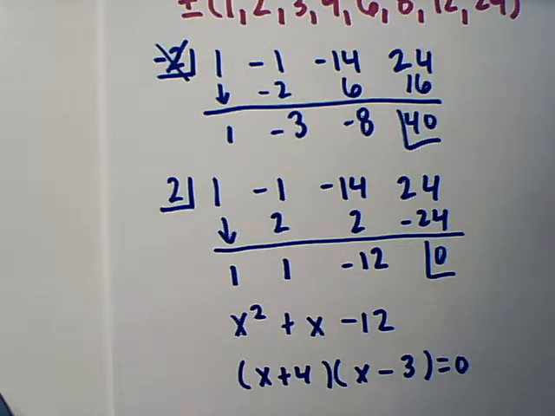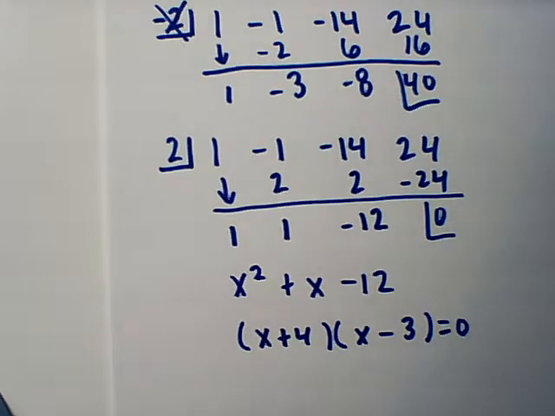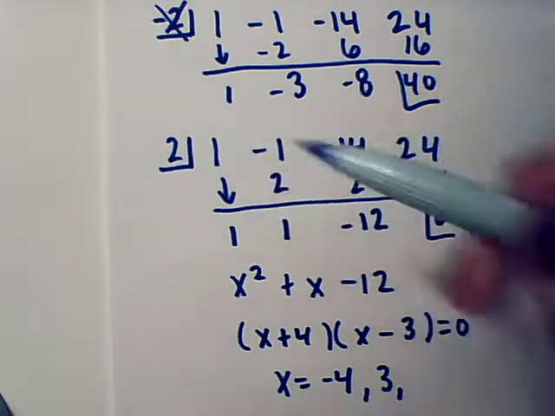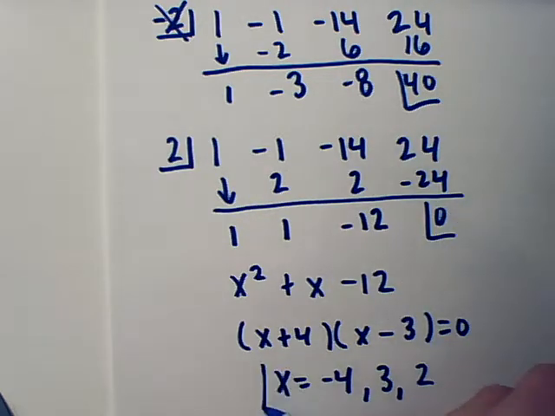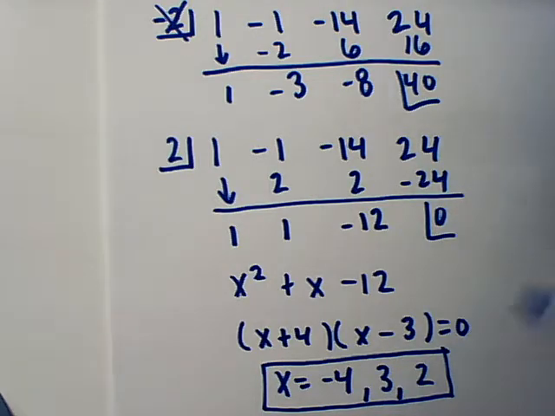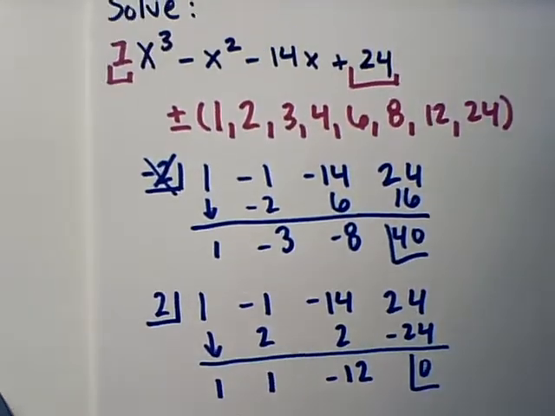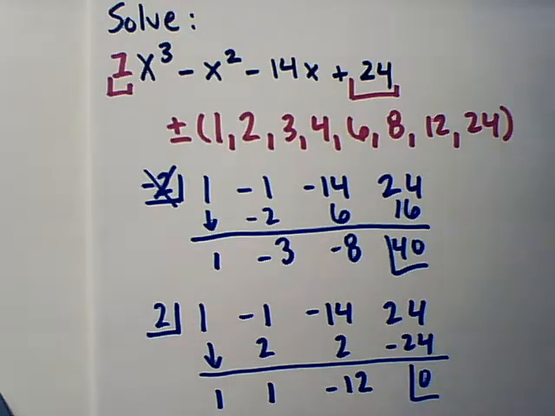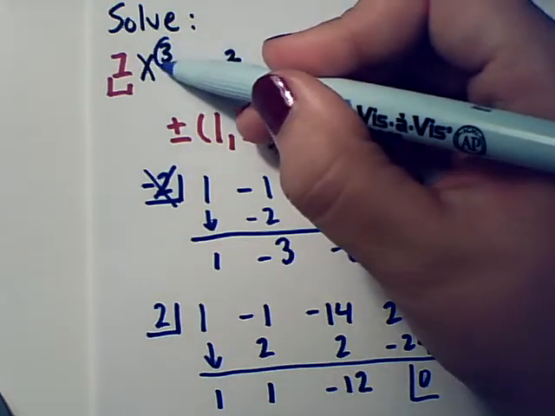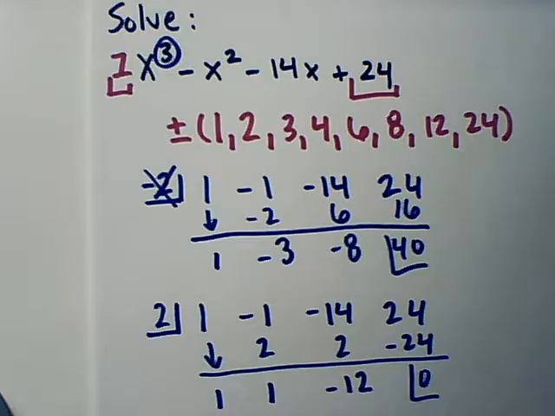If we were to set each of those equal to 0, we would get -4 from this first parenthesis, 3 from the second, and then 2 from the number that we used in synthetic originally. And again, we should have 3 answers, because if you look back at the original polynomial, x to the third minus x squared minus 14x plus 24, the degree is 3. That's telling you how many answers you should get in total.